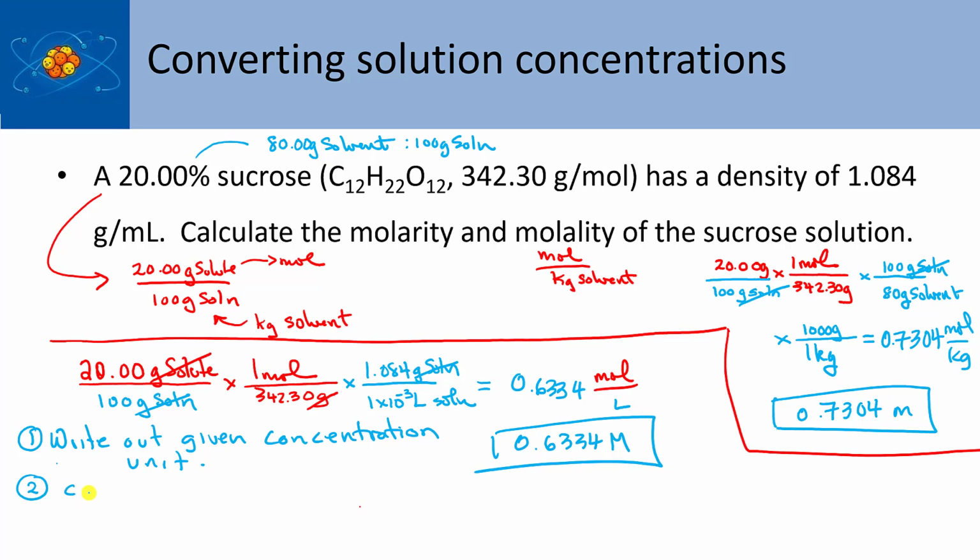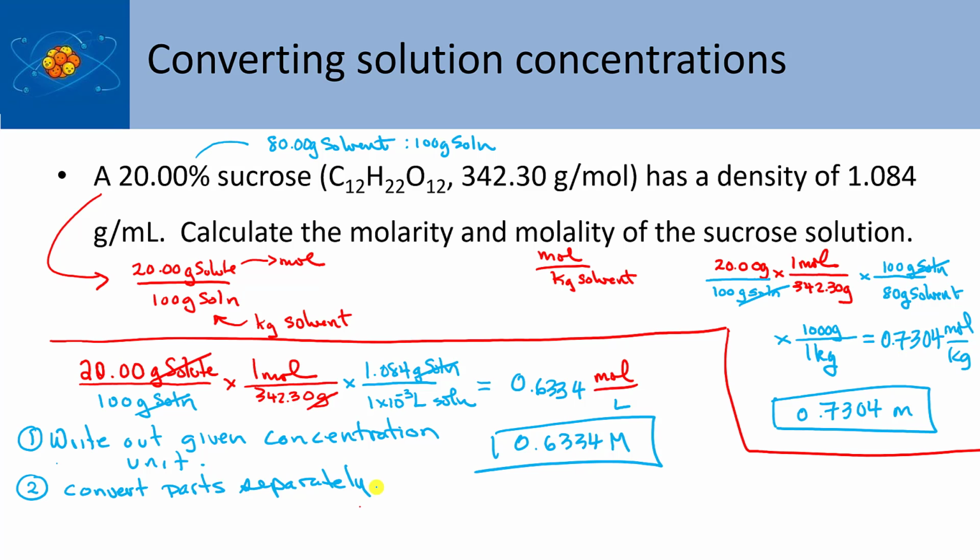Because they're always a ratio, convert the numerator and denominator separately as separate problems. That'll help you avoid some of the confusion that comes with converting concentration units, because you're often converting both the numerator and the denominator.